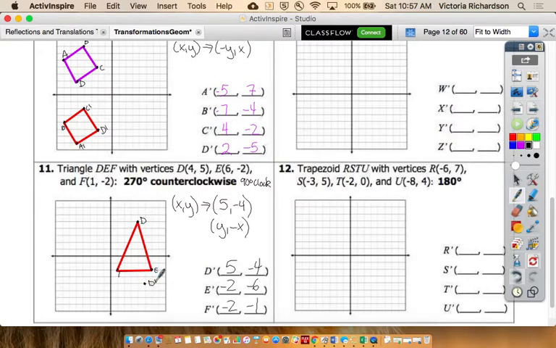That is D prime. Negative 2, negative 1, 2, 3, 4, 5, 6. E prime, and negative 2, negative 1 is F prime.